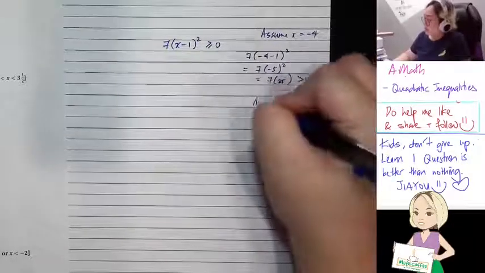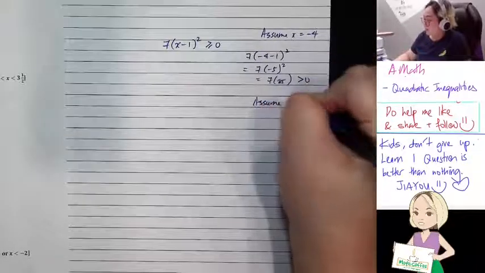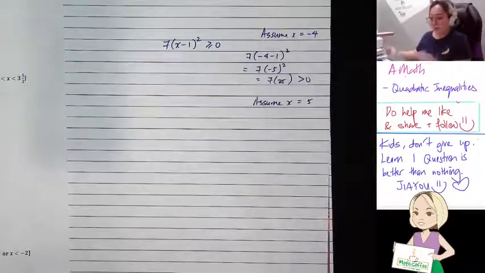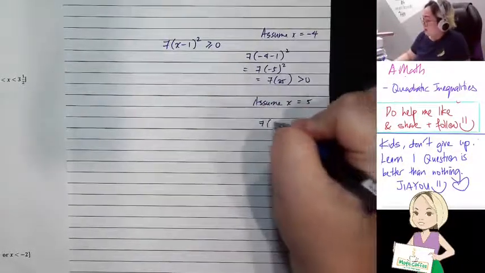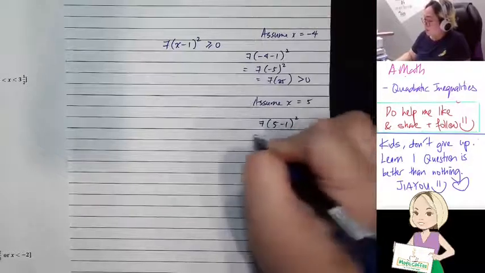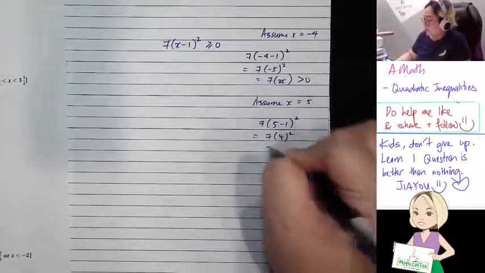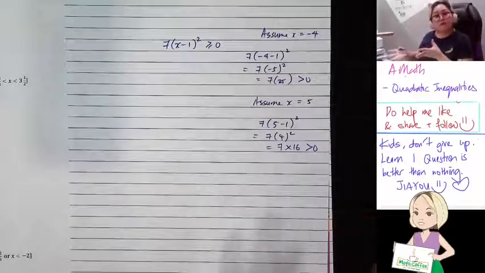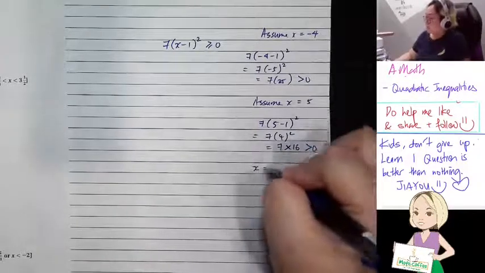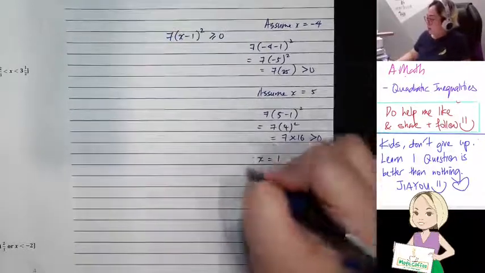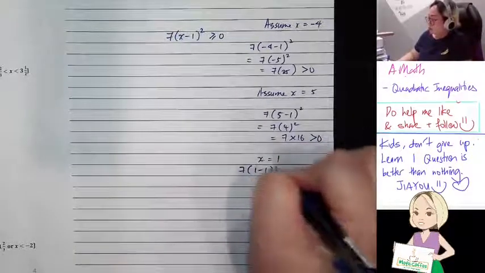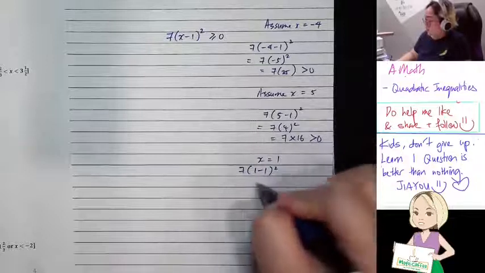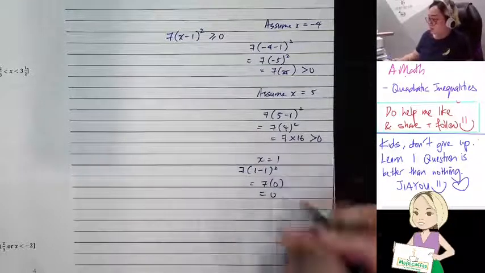Okay, now let's say assume now my x is 5, a positive value. So 7 times 5 minus 1 squared, it will be 7 times 4 squared, and it will be 7 times 16. Again, it is positive, agree? Now next, if my x is equals to 1, I will have 7 times 1 minus 1 squared, the value will be 7 times 0, which is 0.